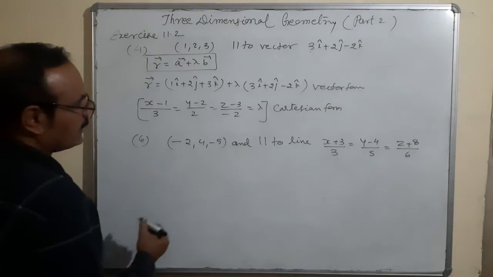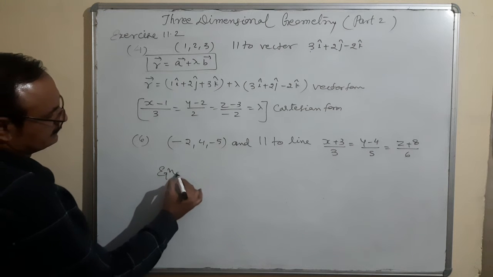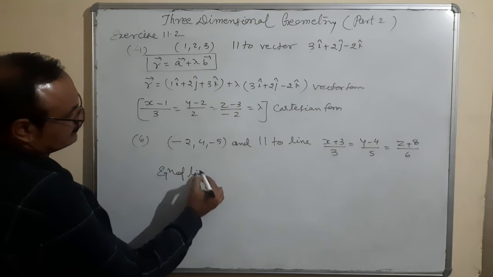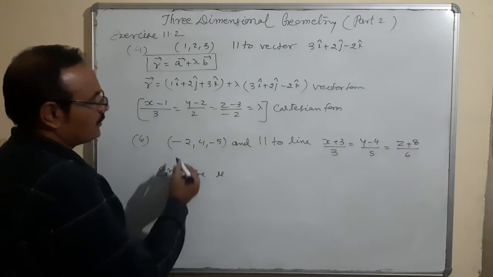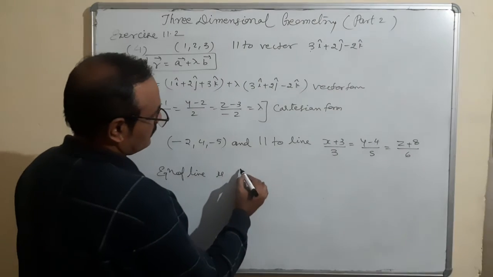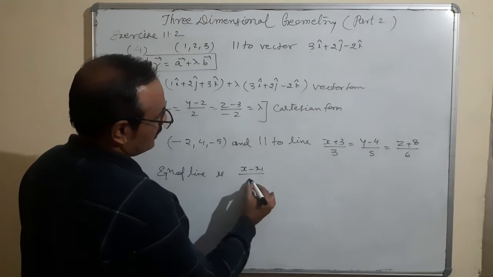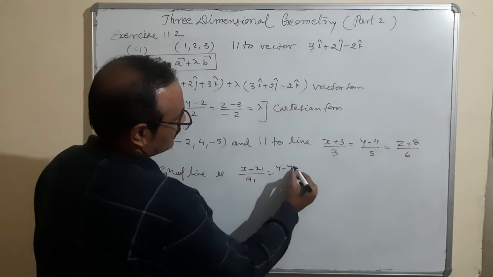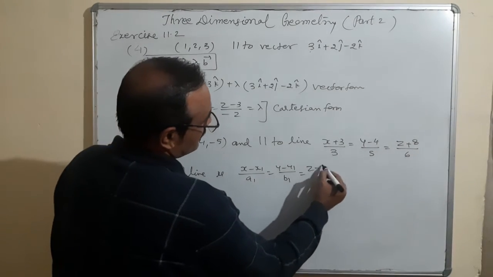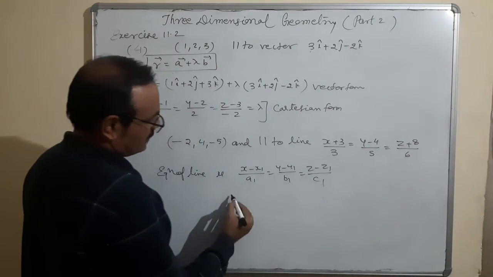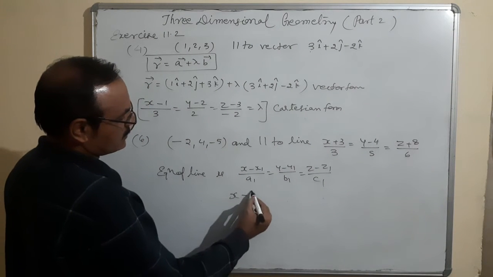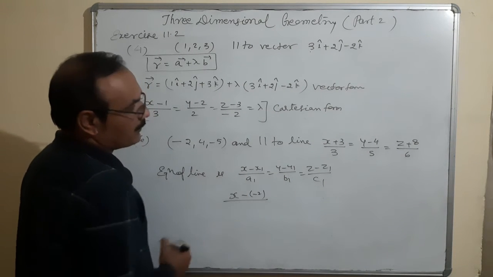So equation of the line is, formula as you know, x minus x1 upon a1, y minus y1 upon b1, z minus z1 upon c1. So x minus x1, that means it is x minus (-2) upon a1.